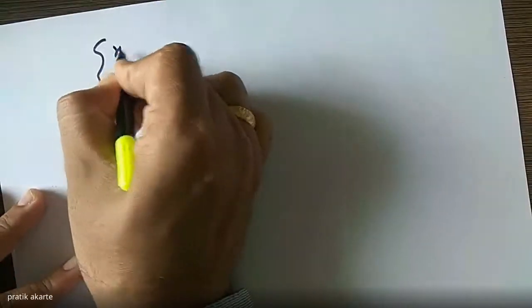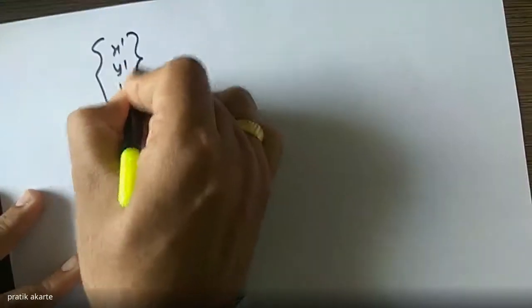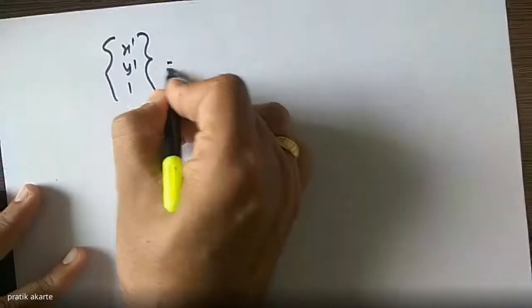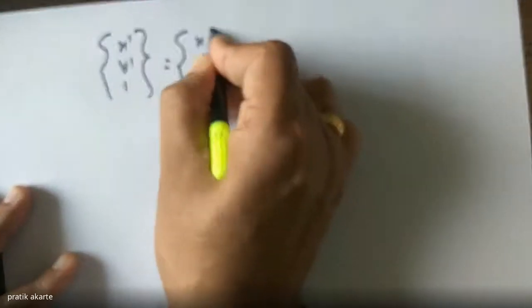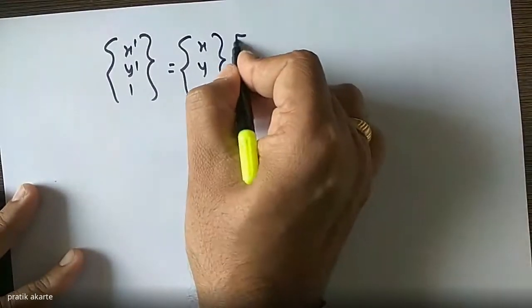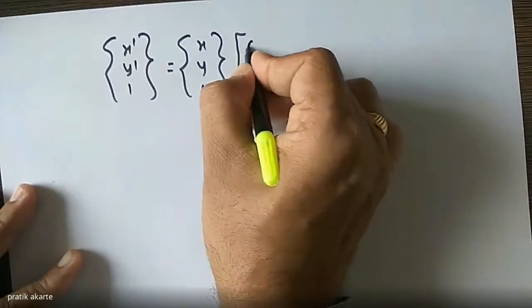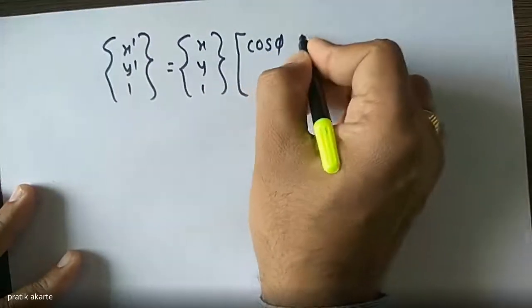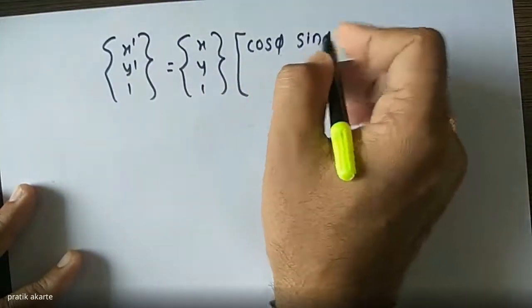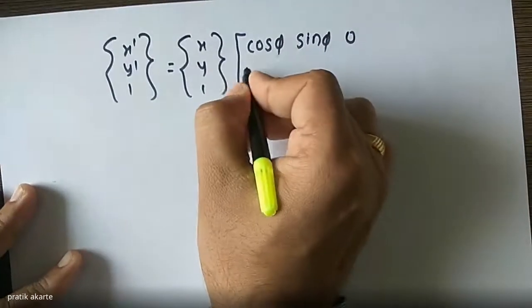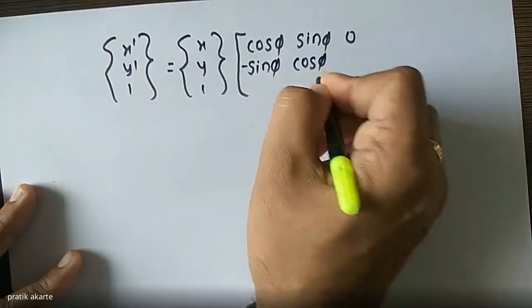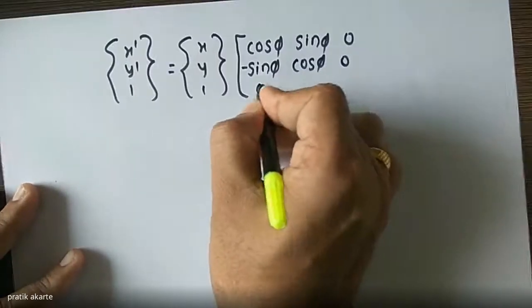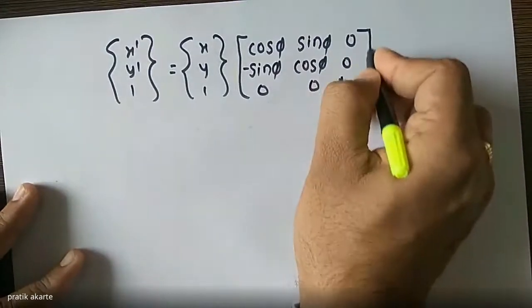So it is [x dash y dash 1] equal to [x y 1] and the matrix: cos phi, sin phi, 0; minus sin phi, cos phi, 0; 0, 0, 1.